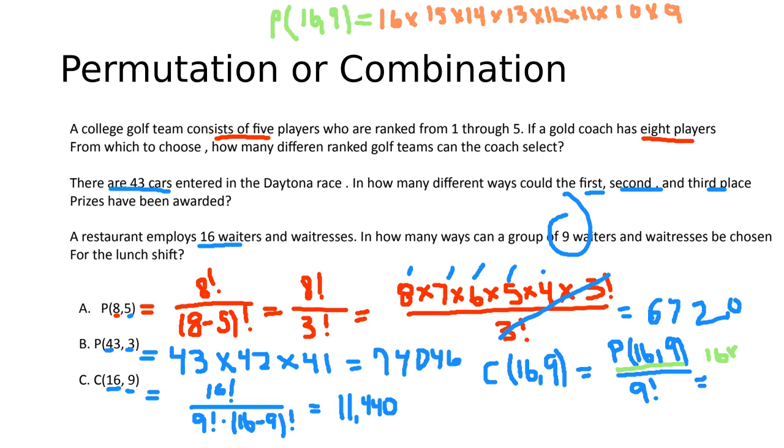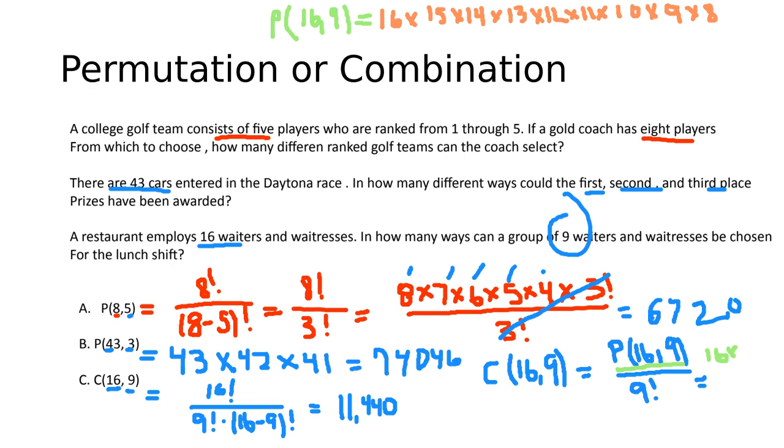How many is that? 1, 2, 3, 4, 5, 6, 7, 8, 9. Okay. So whatever this is, and then you would have your 9 factorial.